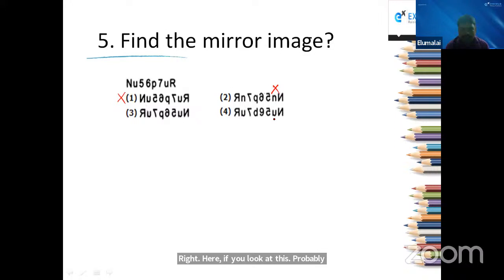So here, this U is as in the original, right? Yeah, that's okay. Then D, right? So here, this one is not the same as the P mirror image, right? So that's why I can eliminate this option. So option 3 is the correct answer.